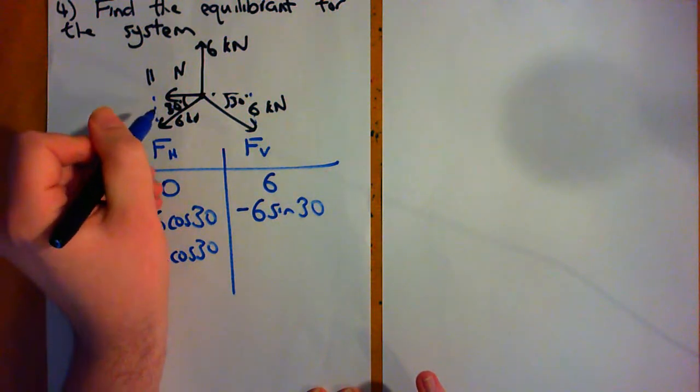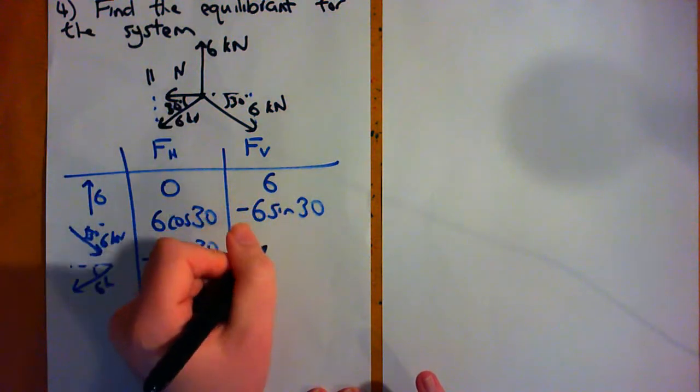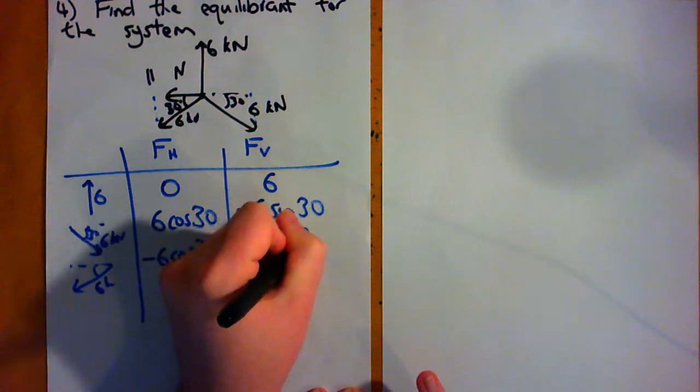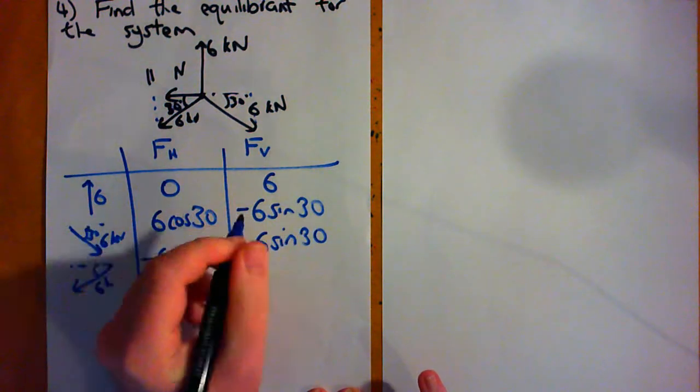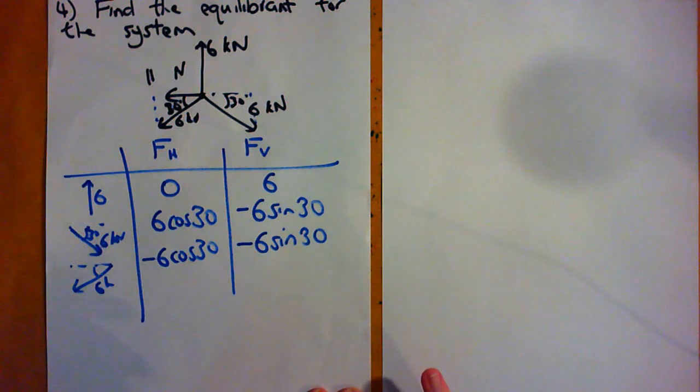And in the vertical direction, the vertical component is the side opposite our angle. We know the hypotenuse, so this will also be 6 sine of 30, and as it's pointing downwards, this will be negative.